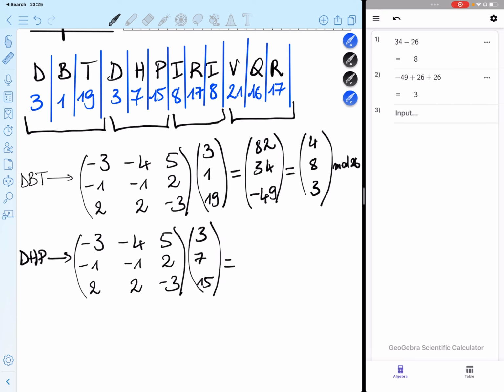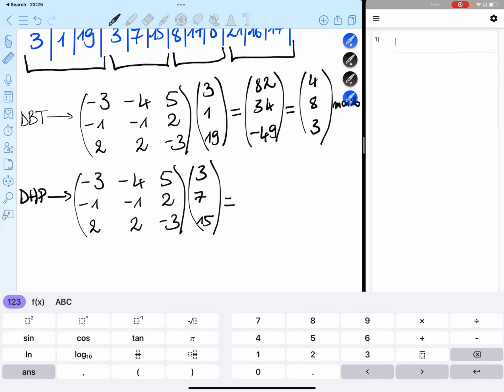And that would give me minus 9, then minus 28, plus 5 times 15, which is 38.